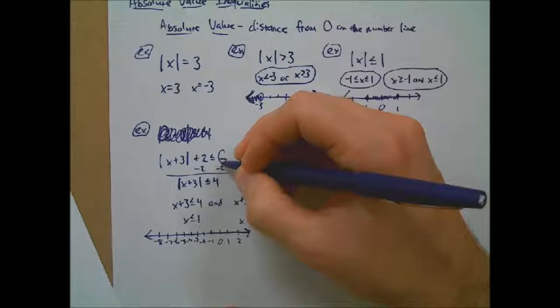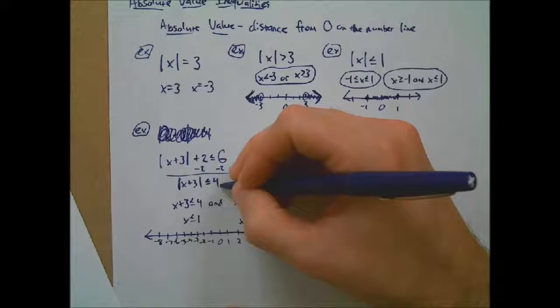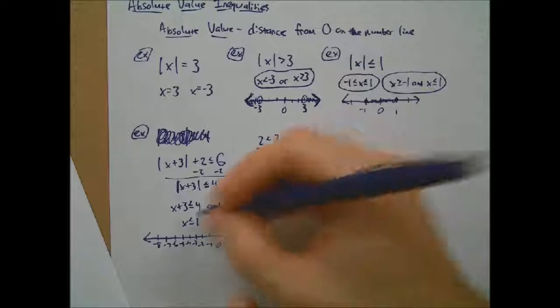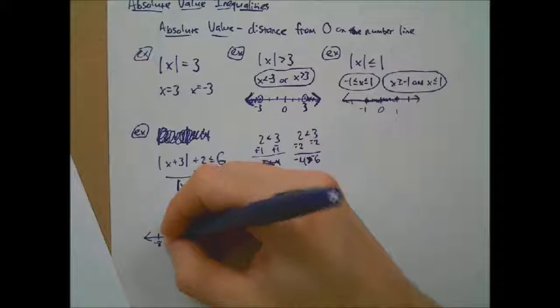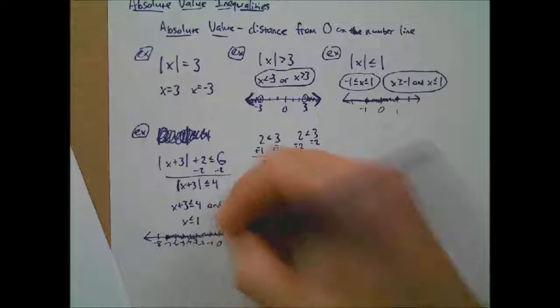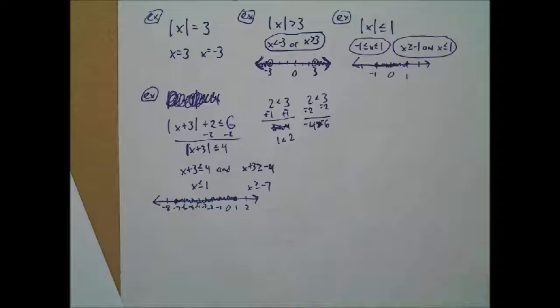So in this case, less than or equal to 4. So that means I've got to be between two numbers, which is the negative 7 and the 1 there. Okay? And so then we'll just draw our two closed circles, right, and then connect between.